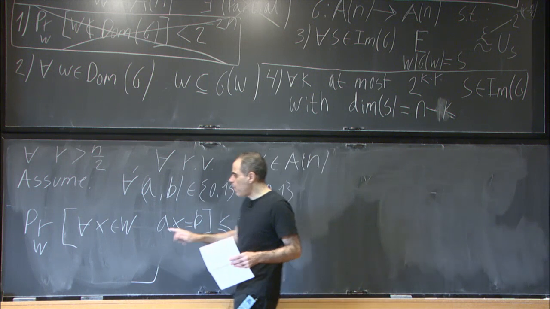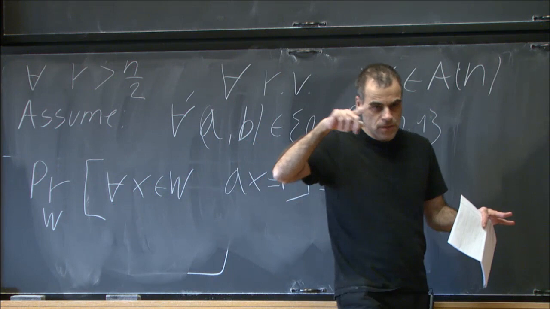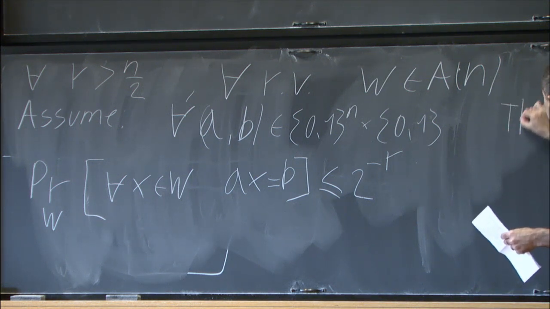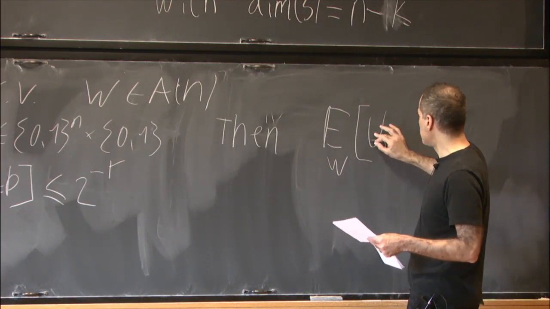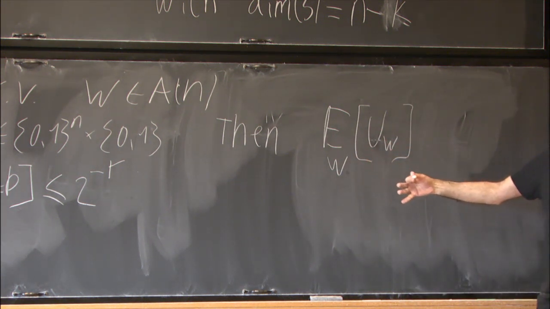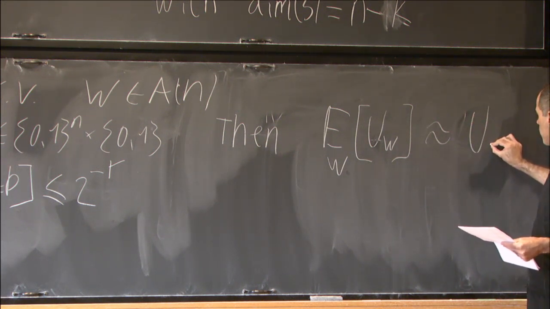Okay, so this is over W, not over U, some UW, not over the expectation of W. Anyway, this is a condition. If this is satisfied, then the expectation of UW, the linear combination UW over all W, this is the linear combination that we work with, is very close to the uniform distribution over everything.